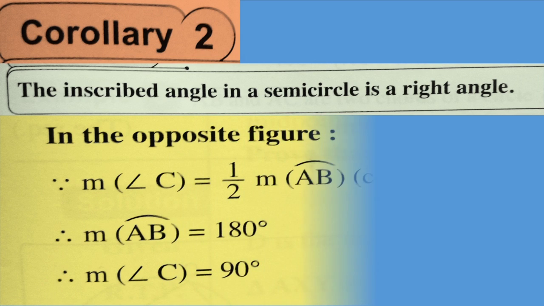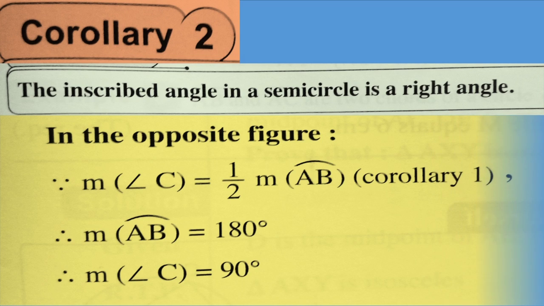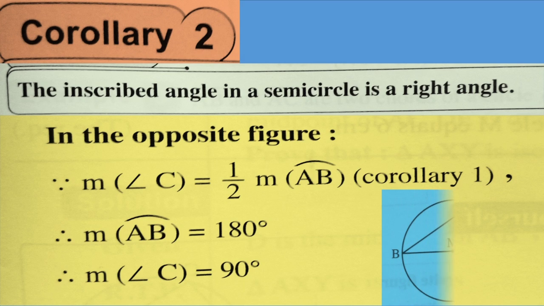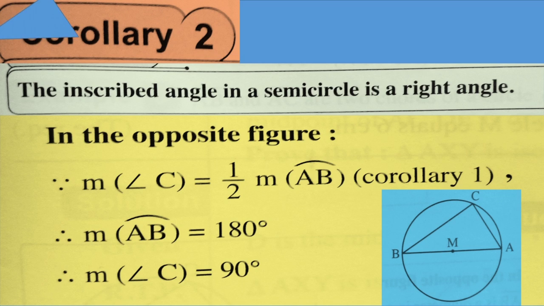Then the measure of arc AB equals 180 because AB is a diameter. Then the measure of angle C equals half of 180, equals what? Equals 90 degrees. The measure of angle C in a semicircle is right.